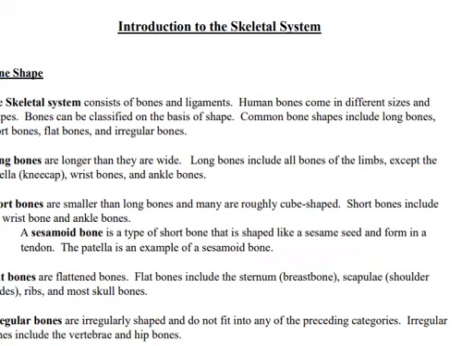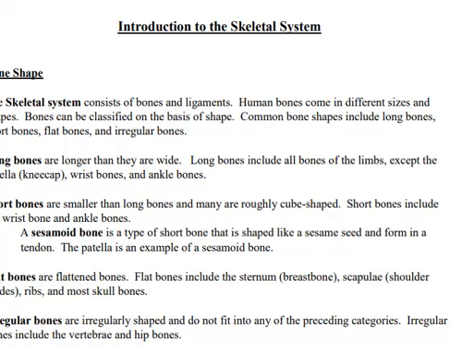This part is going to be fairly easy for you to remember. So the skeletal system has 5 basic bone shapes. You've got your long bones, so that would of course be your humerus, your femur, your tibia, fibula, ulna, and radius.